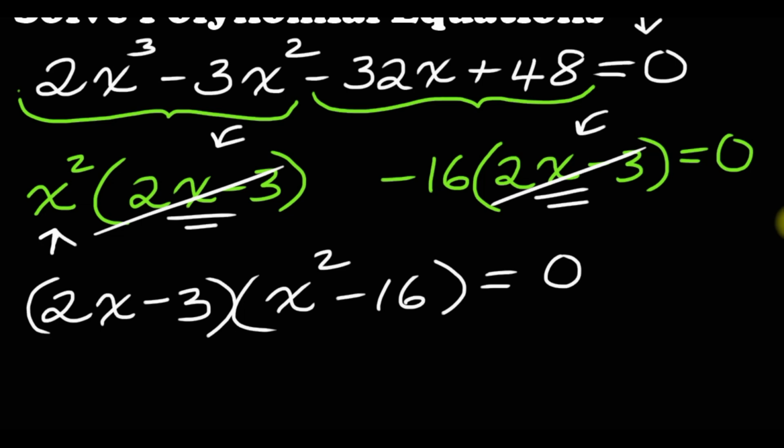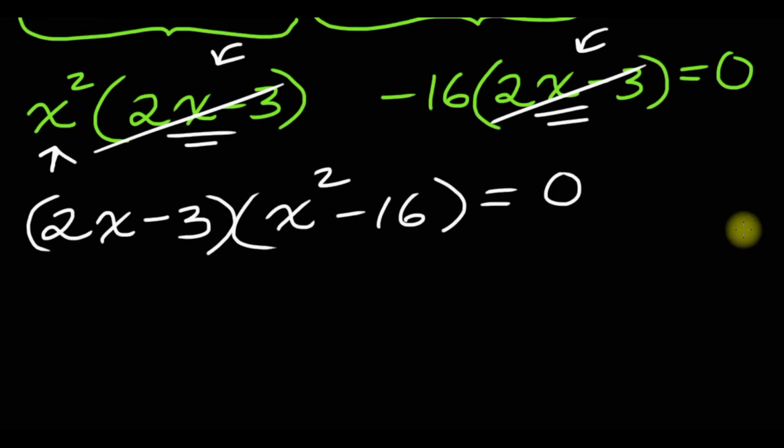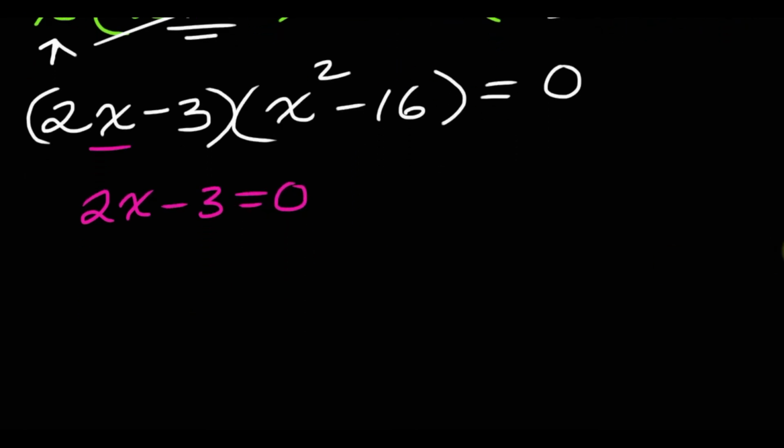Okay, so those are the factors. Now we're going to set each of those factors equal to 0 and then solve for it. The first one is 2x minus 3 equals 0. So we add 3.